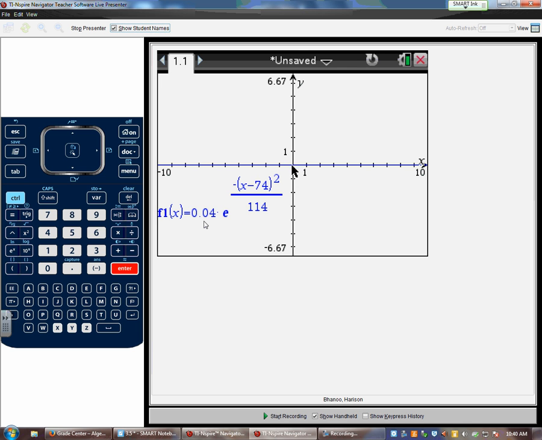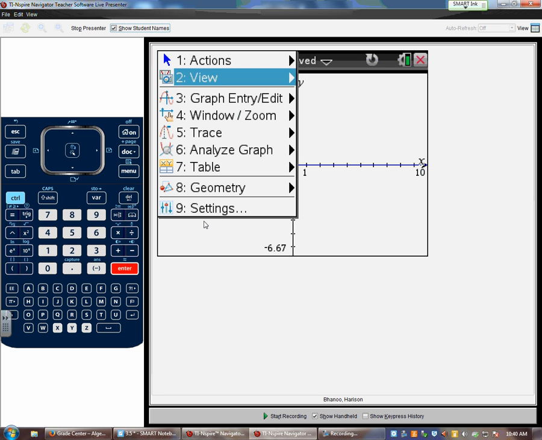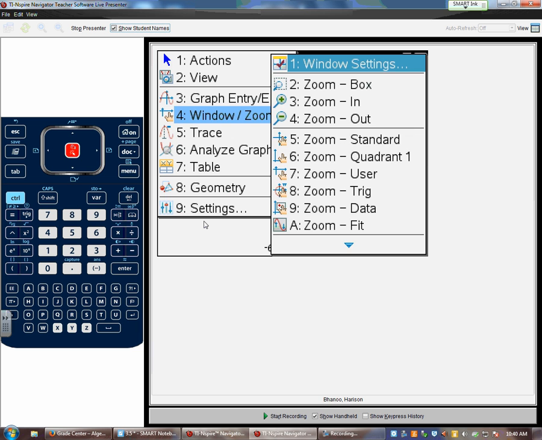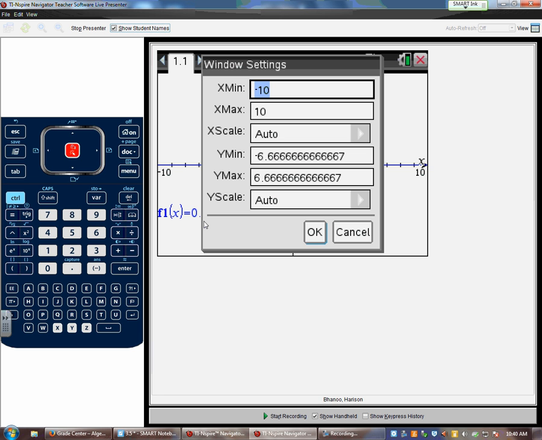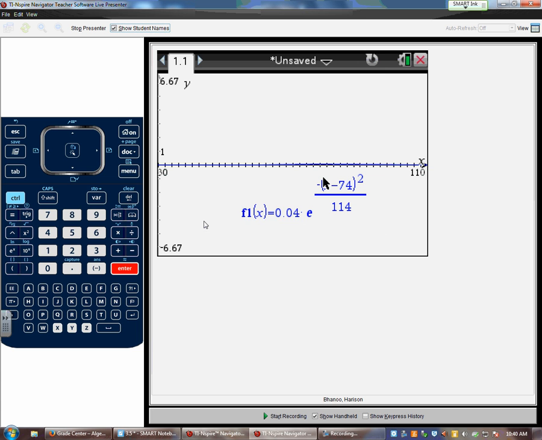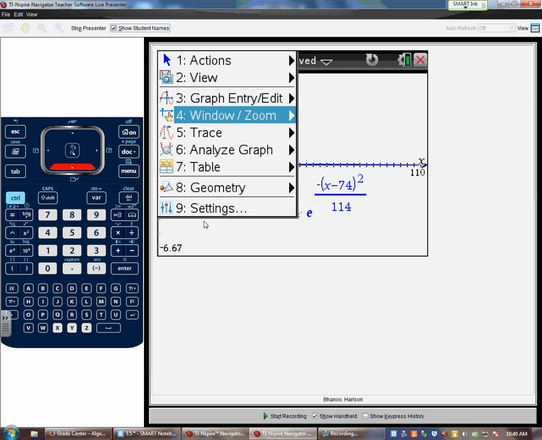Okay, we're seeing a whole lot of nothing. Let's look at the clue. They say x is between 30 and 110, so the scores were between 30 and 110. So window settings: minimum 30, maximum 110.